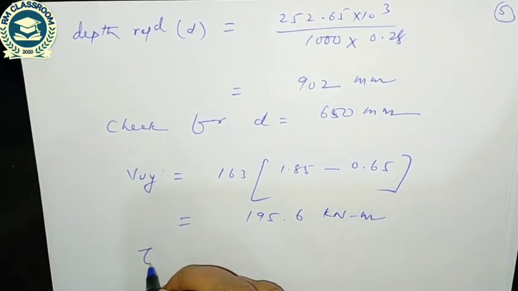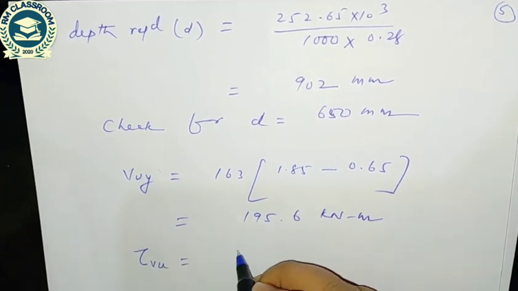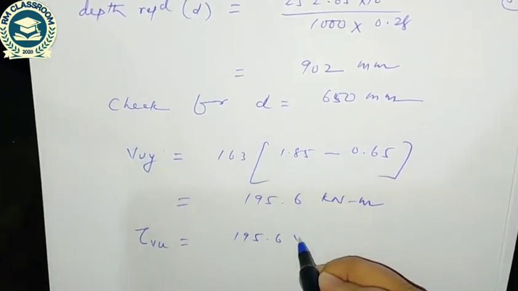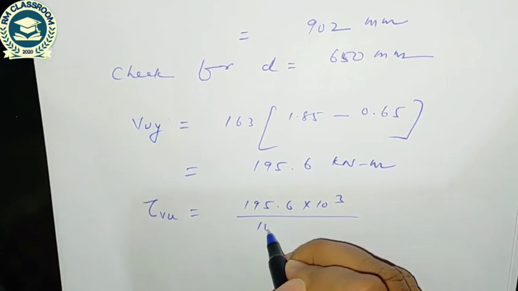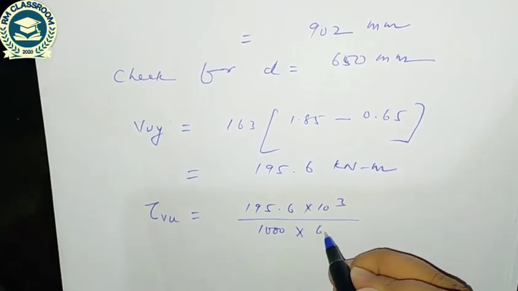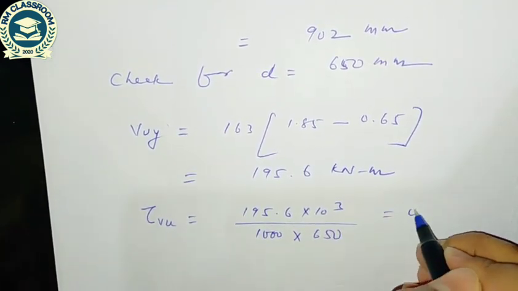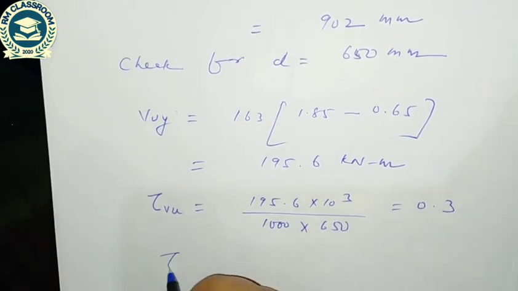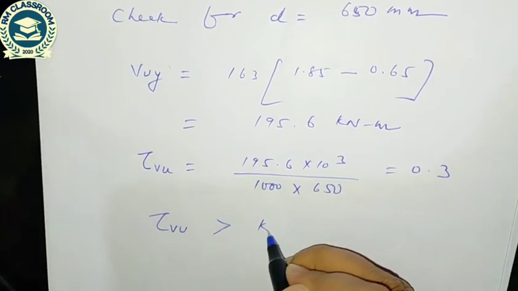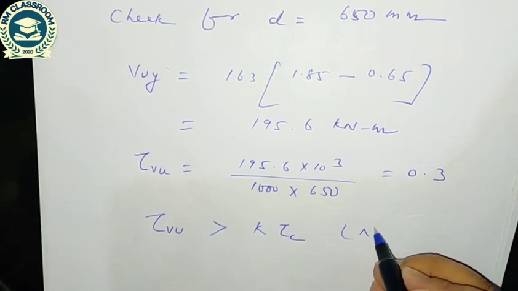So nominal shear stress is 195.6 into 10 to the power 3 divided by 1000 into 650, it is coming 0.3. Once again tau v is greater than k times tau c, not okay.